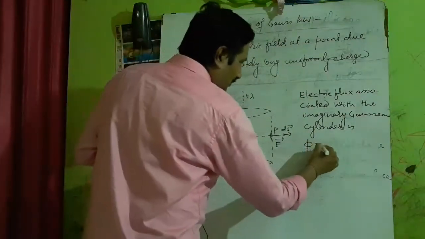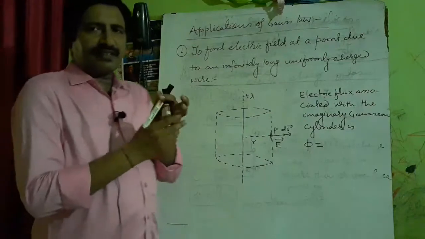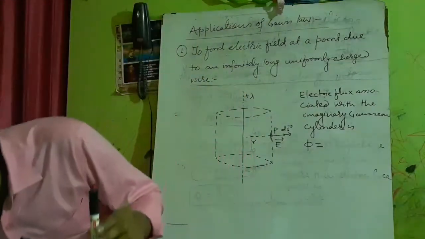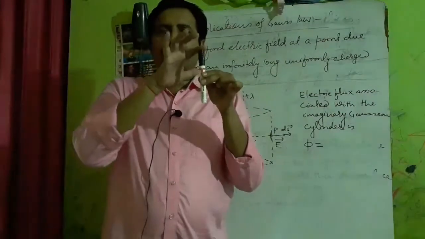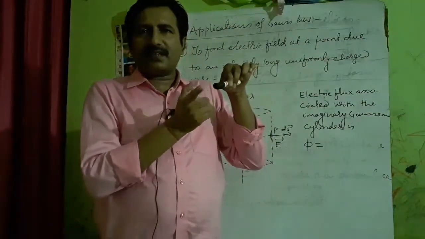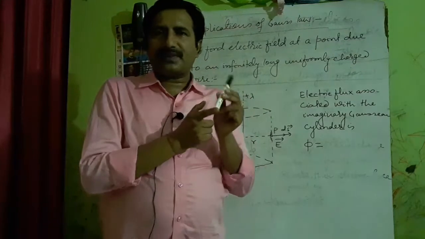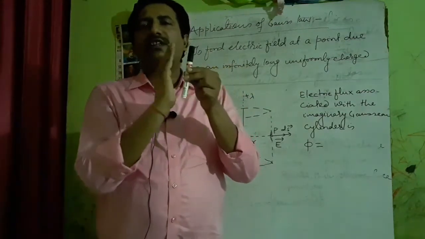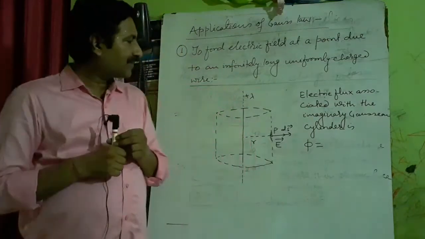it is equal to, you see this is like a cylinder. So how many surfaces does it have? It has three surfaces. One plane surface, see this is a plane surface, and this is also a plane surface, and this is a curved surface, which is also called the lateral surface of the cylinder.